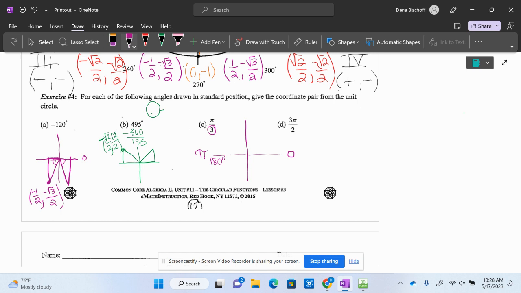So I divided 180 by 3, and that gave me 60. That means that this is 60 degrees. Okay, if there was a 2 on the top of here, that would be 60 times 2 or 120, right? So this is the 60 degree. It's asking me for the ordered pair when the reference angle is 60 degrees, or pi over 3. Well, for 60 degrees, the ordered pair is my short leg, 1/2, and my long leg, the square root of 3 over 2.